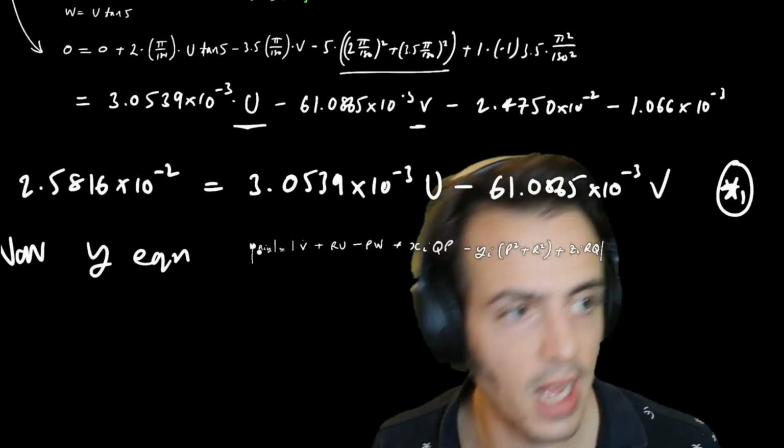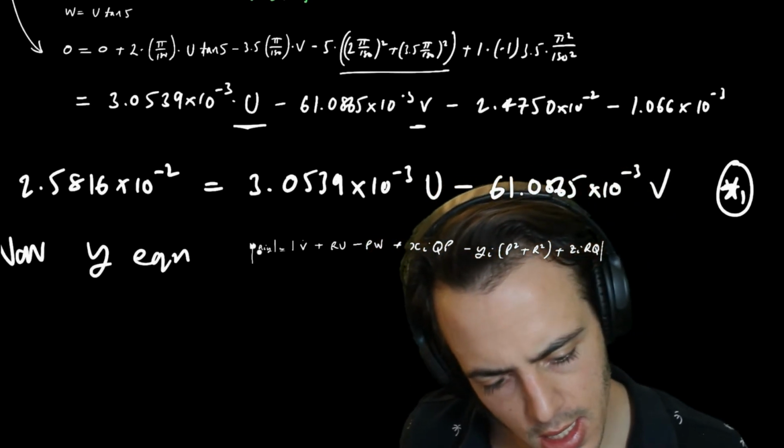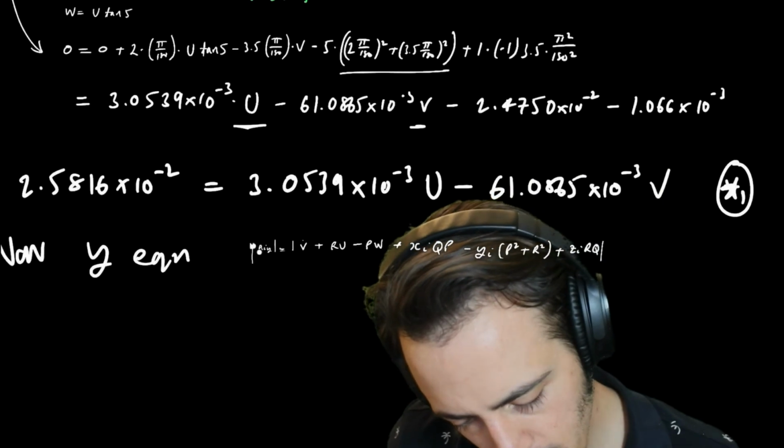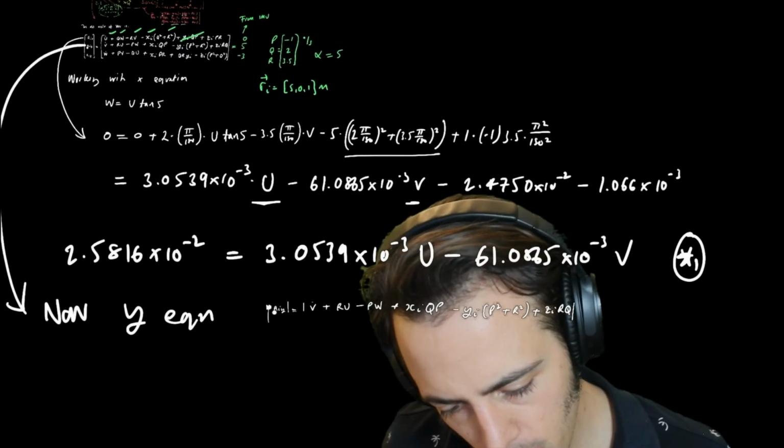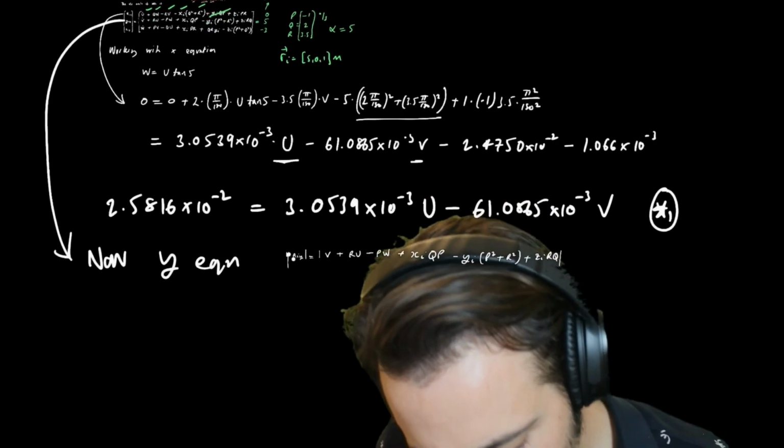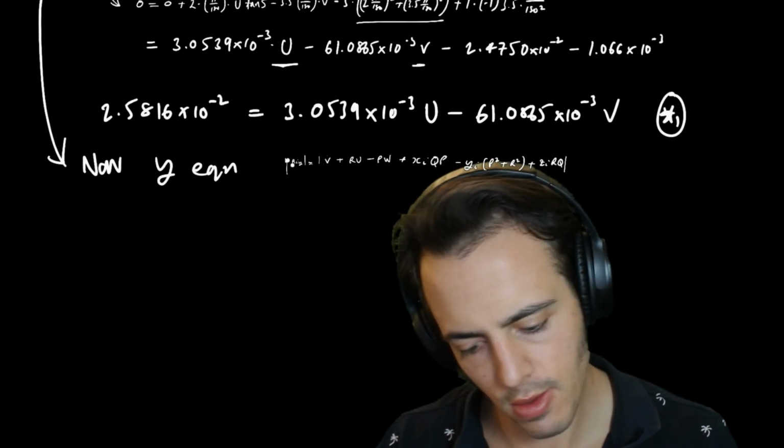We can start populating this with some of the terms that we had. So we need our acceleration at the probe, which was measured as 5. Let's do this in blue.